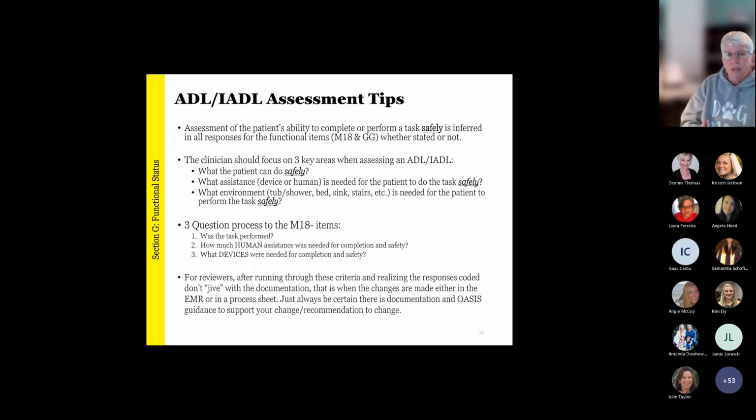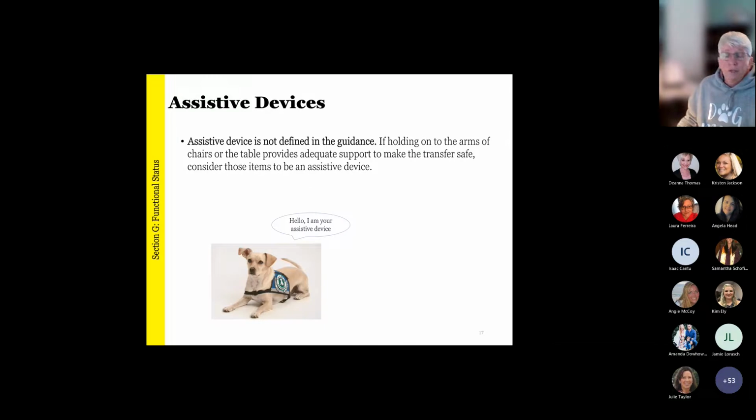On answering the items, how was the task performed? You always start with, was the task performed? How much human assistance was needed in order to get it completed? And what devices were needed in order to get it completed? And of course, when we say completed, we're talking about in a safe manner as well. If you have struggling agencies, you might want to send them this slide. Just a reminder, Fido is an assistive device. He's not assistance. Sorry, he is a device.